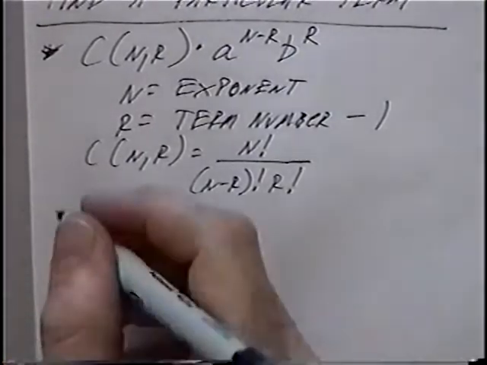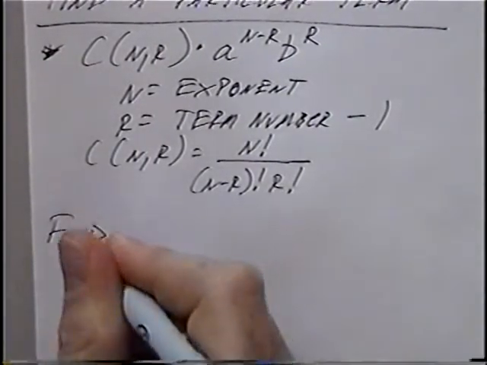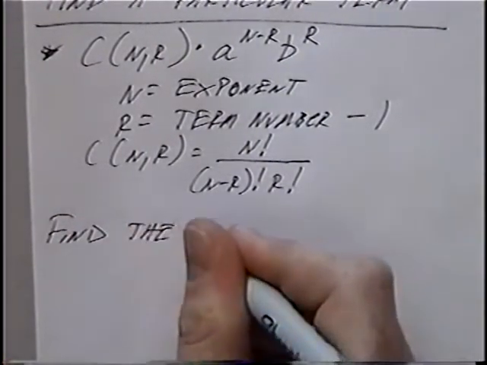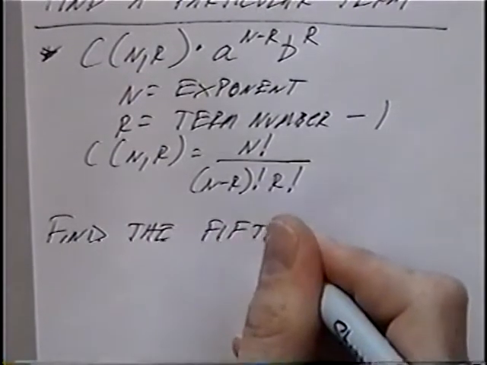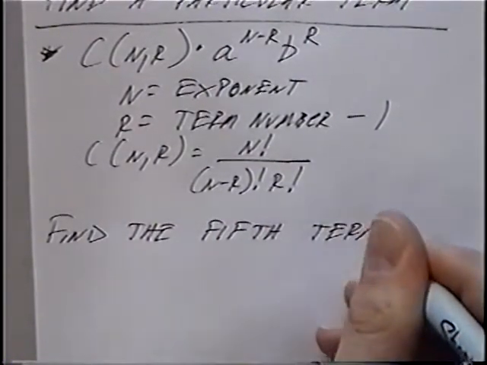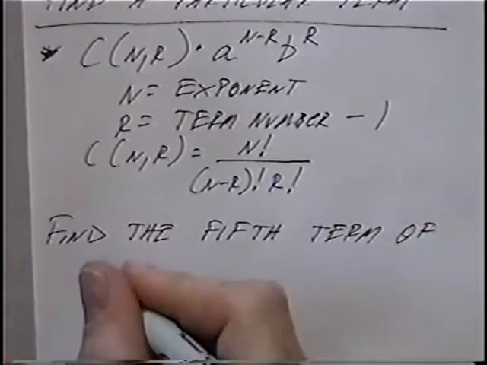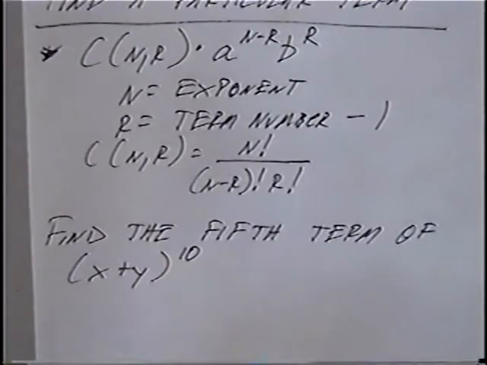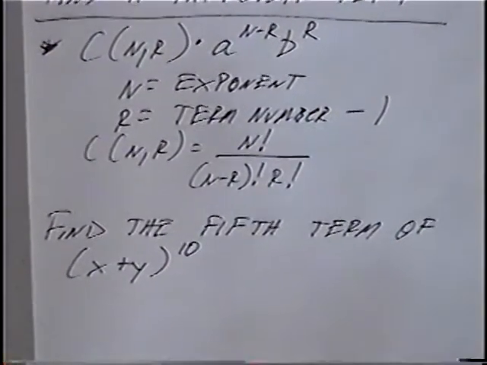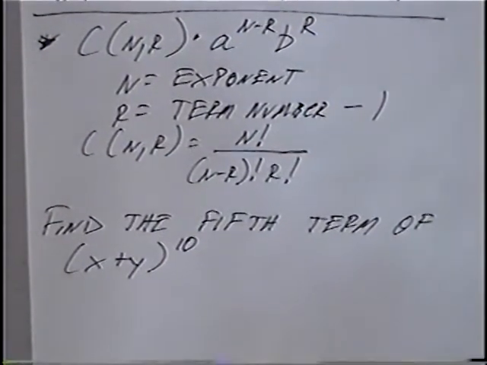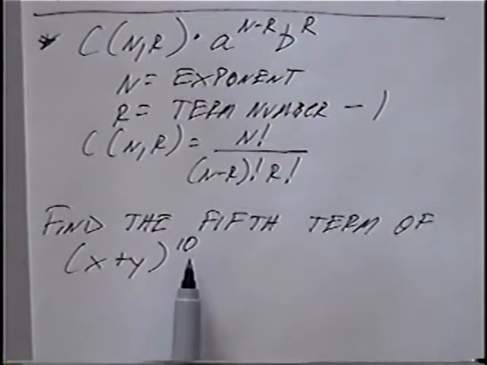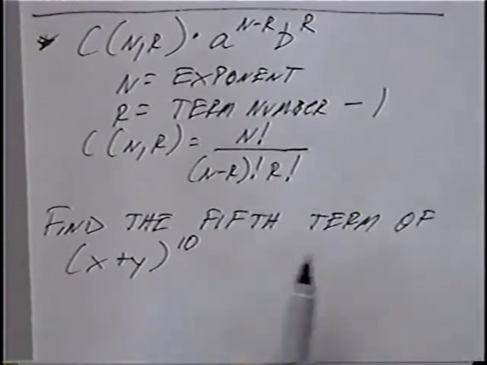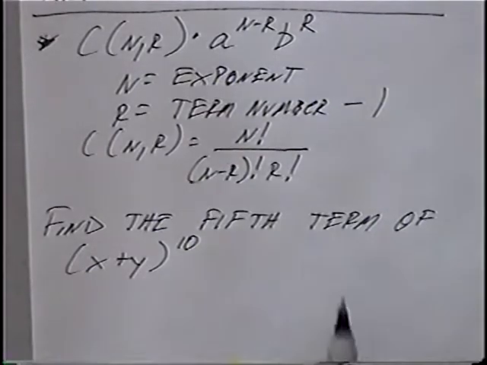The first problem for this section, find the fifth term of the quantity x plus y to the exponent of 10. What we can do for this problem, instead of expanding this out using Pascal's triangle and finding the fifth term listed, we can use the formula.